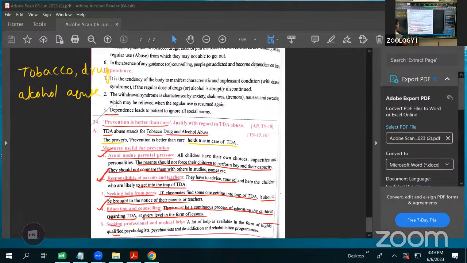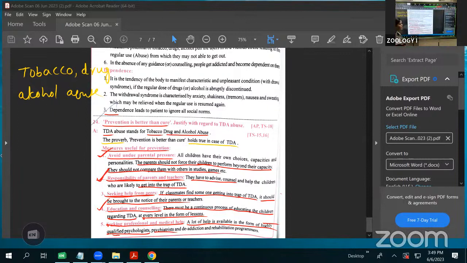Next is the last measure, called seeking professional and medical help. It means that at the last stage, when they didn't listen, a lot of help is available in the form of highly qualified psychiatrists and psychologists.